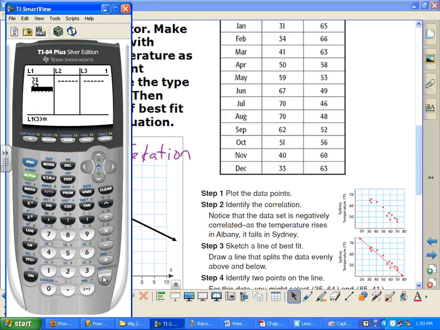And take your time, because if you make a mistake, it can be very costly sometimes as far as your accuracy. And when you're done, you might even want to go back and check them to make sure they're entered correctly.